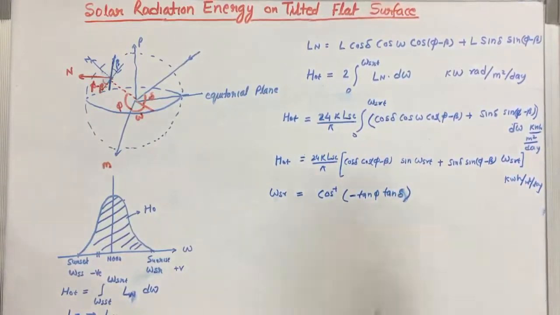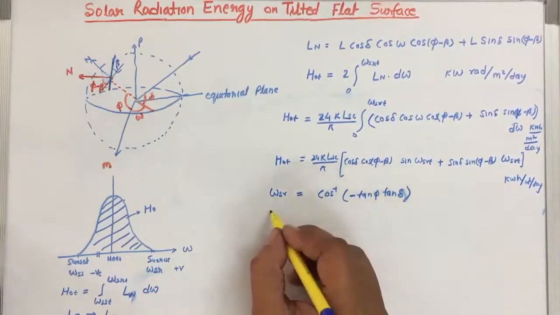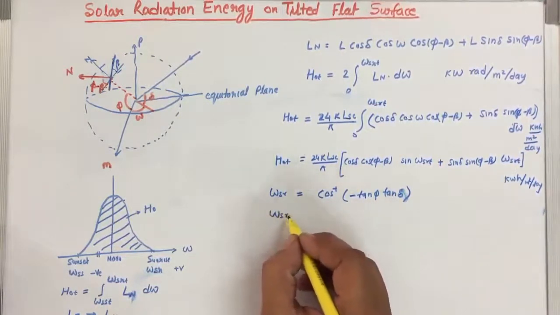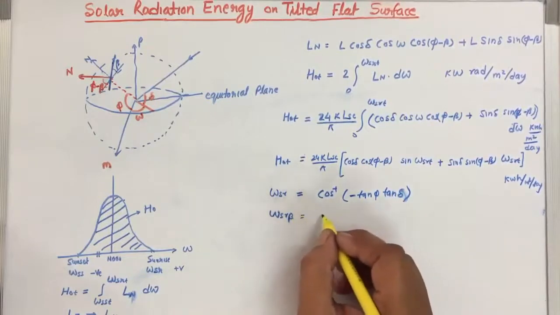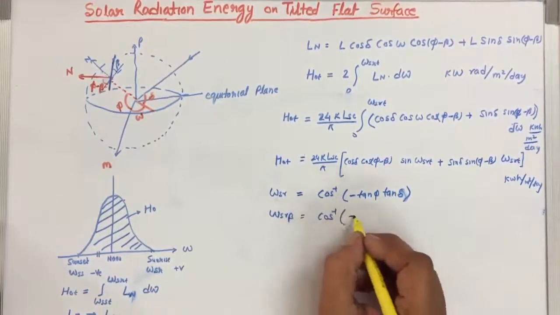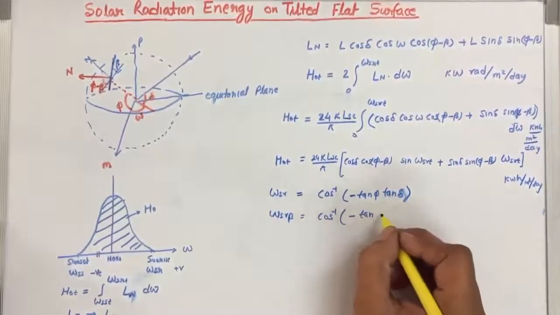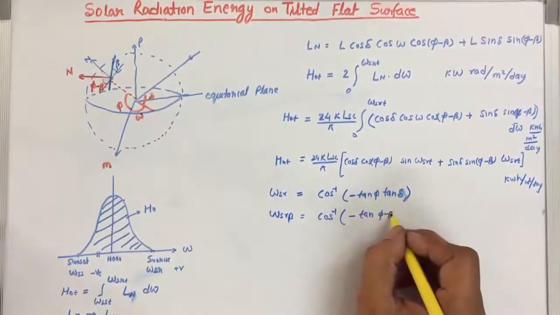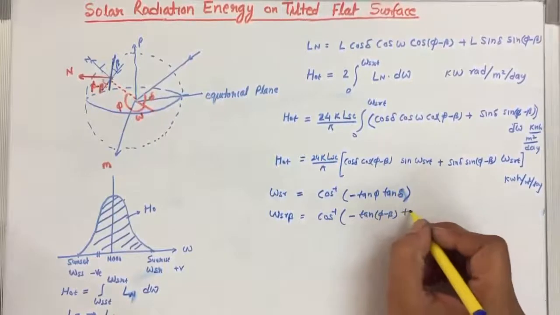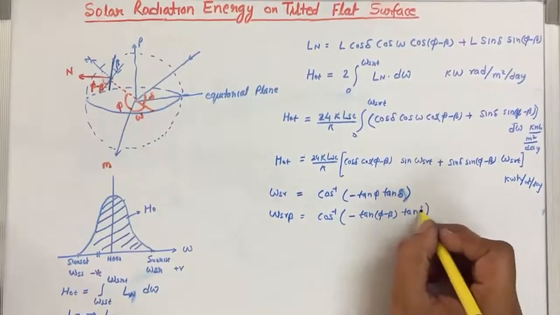Now phi changes according to the tilting: cos inverse of minus tan phi changes to phi minus beta, and tan delta is independent of the tilting.